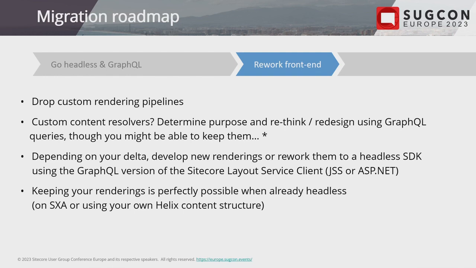And depending on the delta, you need to develop new renderings or rework them. You can either use the GSS or the ASP.NET Rendering SDK if you like. And lastly, last but not least, keeping your renderings is perfectly possible if you are already on headless. So that didn't really change at all.